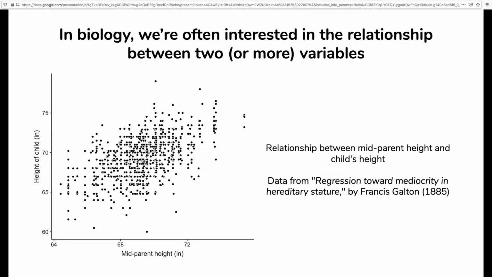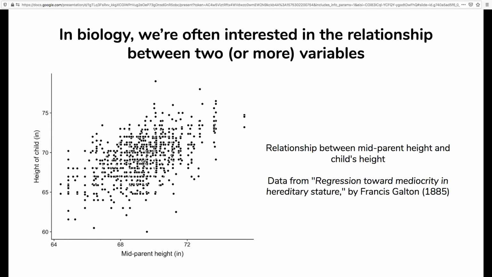I probably don't need to motivate this too much, but I always have one of these slides in the beginning. In biology and biomedical science generally, we're very frequently interested in the relationships between two or more variables. One really famous early example of regression is from Francis Galton's work, understanding the relationship between the heights of parents and the eventual heights of their offspring.